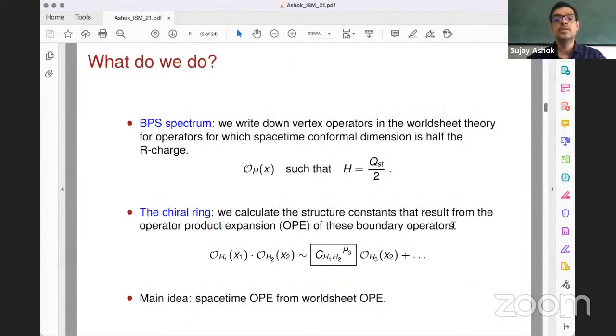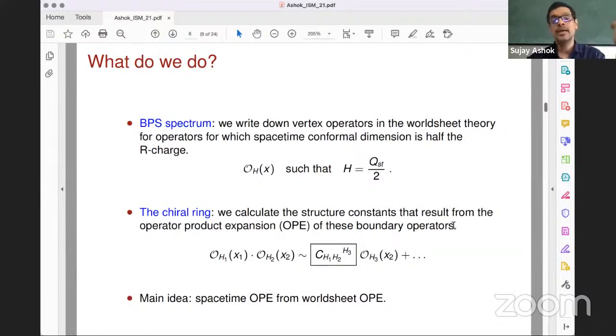And what we do is the most elementary thing one can do. We compute the BPS spectrum of the boundary theory or of the bulk theory, if you wish. So these all correspond to spacetime, I mean, the boundary CFT operators that are chiral ring elements. So their dimension is determined by the U(1) R charge.